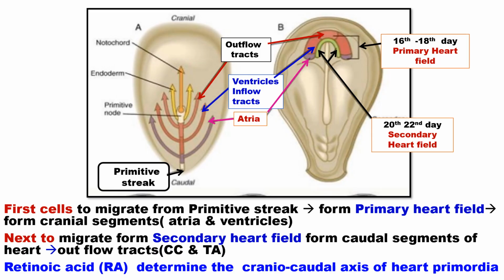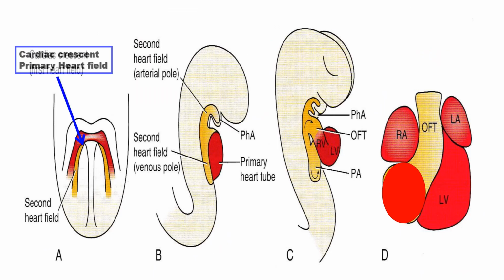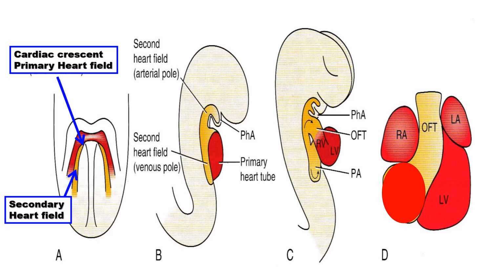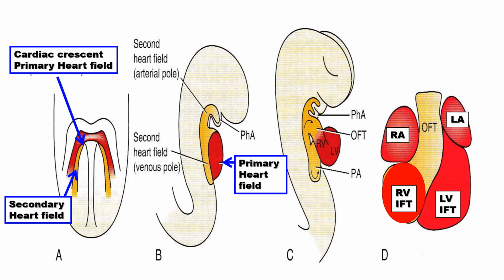Retinoic acid determines the craniocaudal axis of the primordial heart tube. The primary heart tube initially appears as a cardiac crescentic structure, and the secondary heart field appears later. The primary heart field appears around the 16th to 18th day, which forms the right atrium, left ventricle and right ventricle, the inflow tracts.